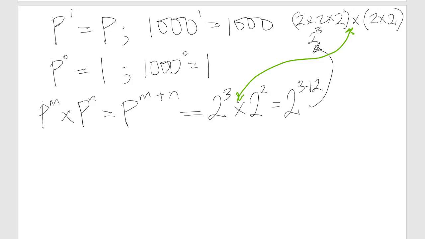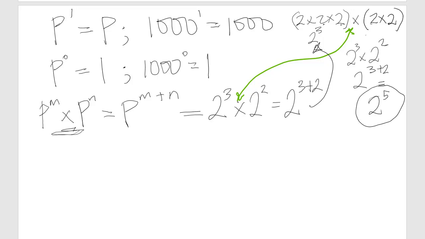If you count 1, 2, 3, 4, 5, you see that once you do 2 raised to power 3 times 2 raised to power 2, if you follow this law of indices, you get 2 raised to power 3 plus 2, which is 2 raised to power 5. That's 2 occurring 5 times: 1, 2, 3, 4, 5. So there's no magic in it. That's how it is gotten.